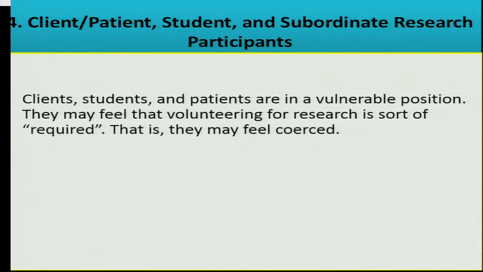Sometimes a clinical psychologist wants to do a research on the patients. The patients feel that if they don't take part in it, they will not be treated fairly. So we have to be very careful when we are dealing with a research with people that we know and people that are vulnerable, that cannot say no to us. We have to be very, very careful.